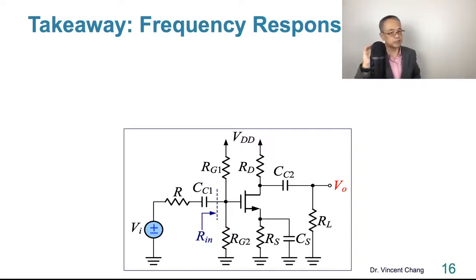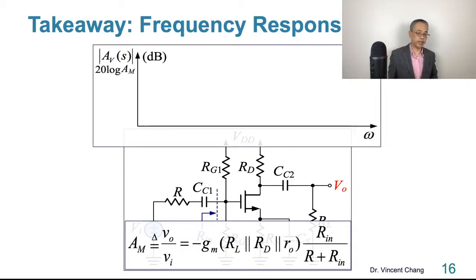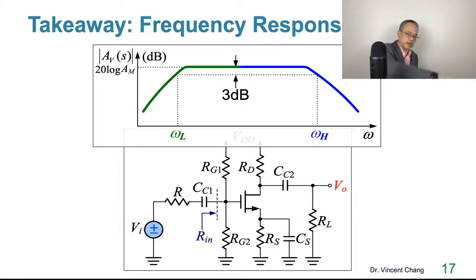So here's the major takeaway of this lecture: the frequency response of the amplifier. The gain you are very familiar with is the mid-band voltage gain. In the mid-band, it's almost a constant across the spectrum. But at high frequency it will decay, and at low frequency it will also decay.